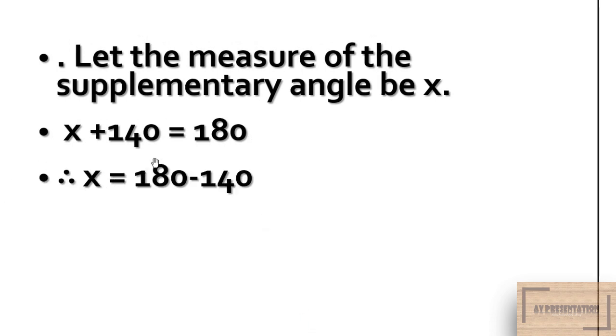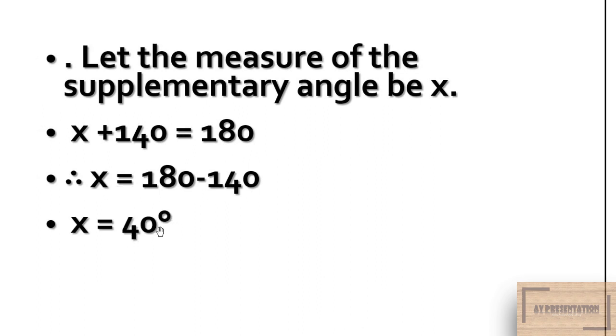Therefore x is equal to 180, and positive 140 goes to the other side as negative 140. So 180 minus 140 is 40 degrees. So we find the value of x is 40 degrees. One angle measure is 140 degrees and the second angle measure is 40 degrees. In supplementary angles, one angle measure is 140 and the other is 40 degrees.